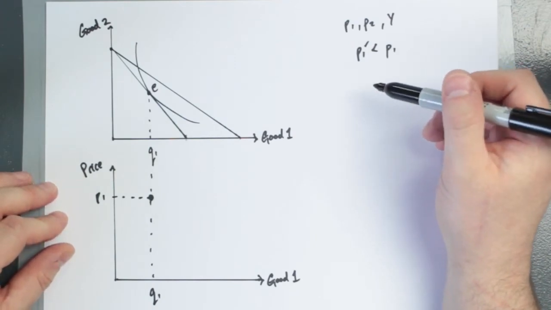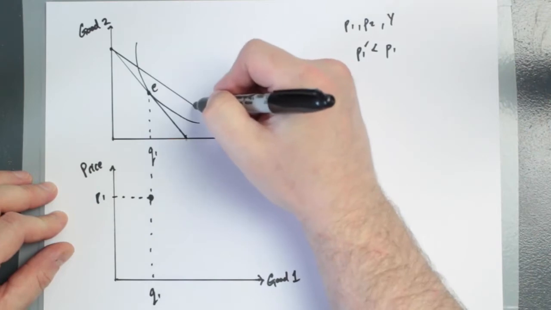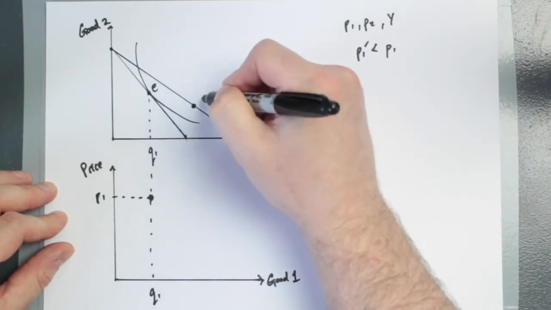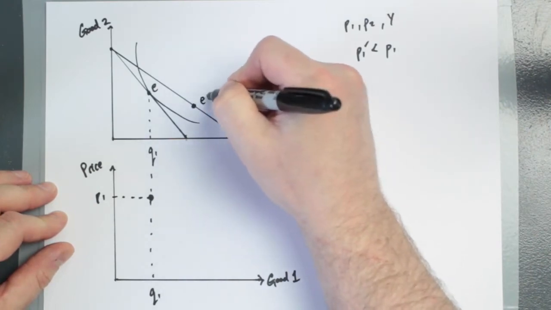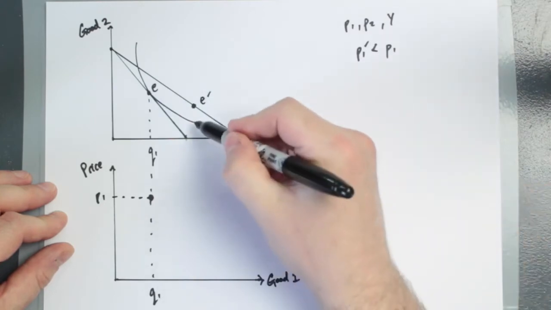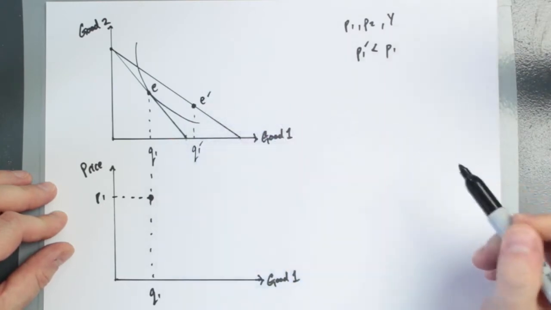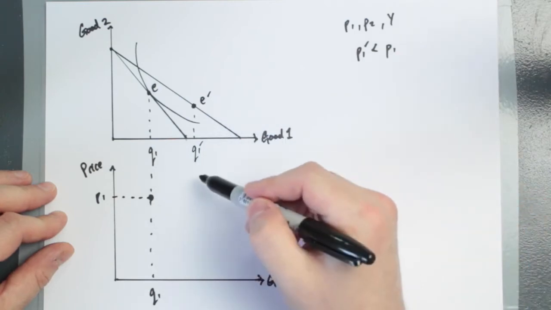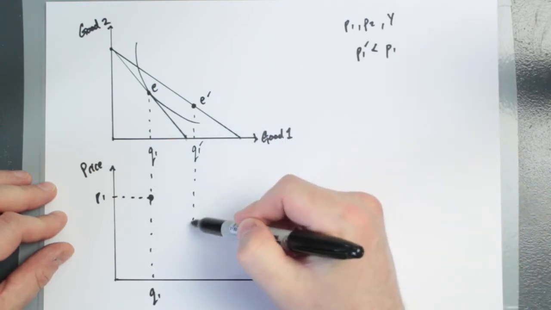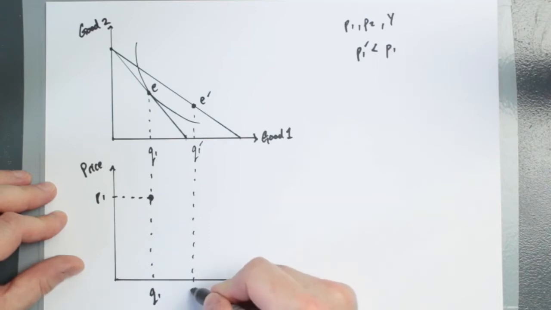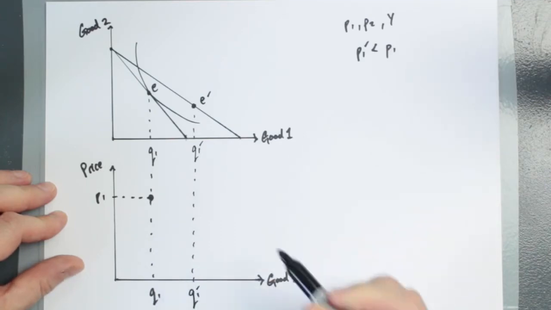using this P1 prime as the price of good 1. Okay, and then if, for instance, we saw the consumer choose this bundle here, let's label that E prime, then Q1 prime is their new demand, or their uncompensated demand for good 1. Let's trace that down, Q1 prime here.